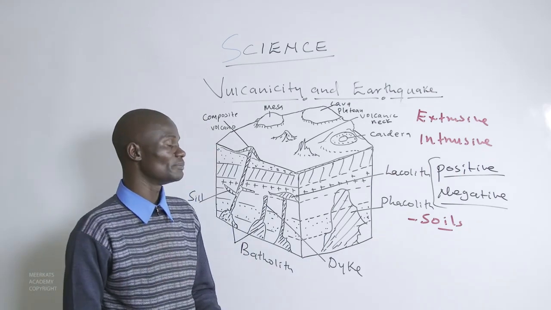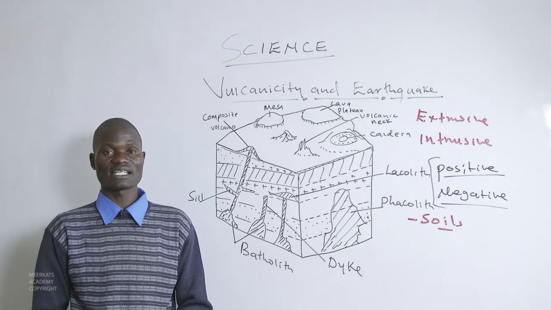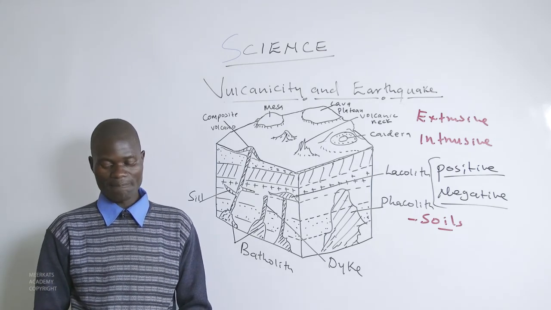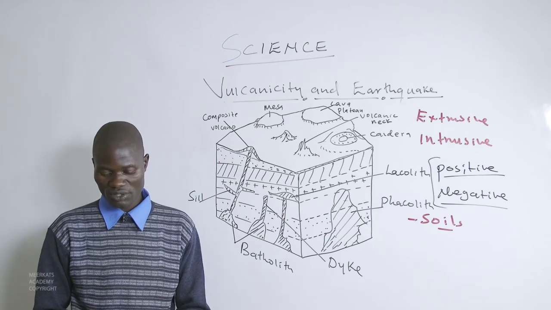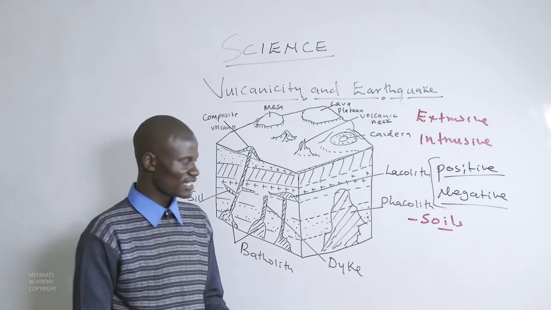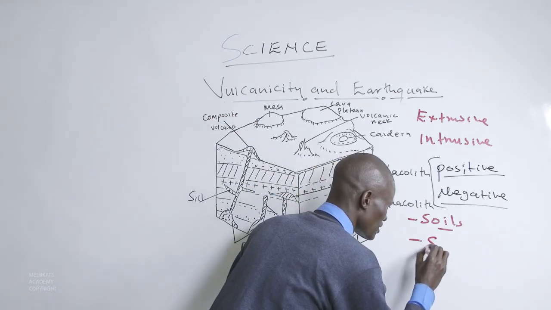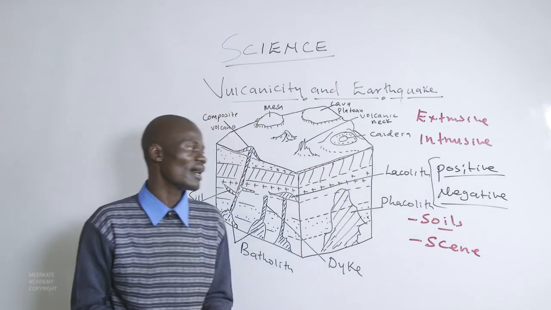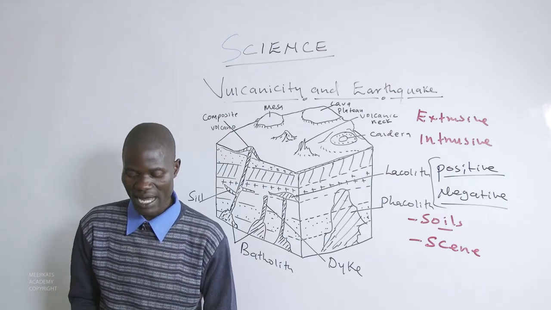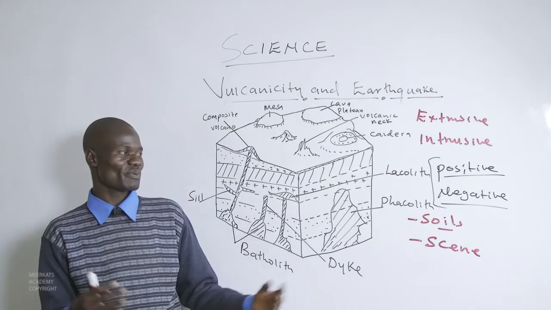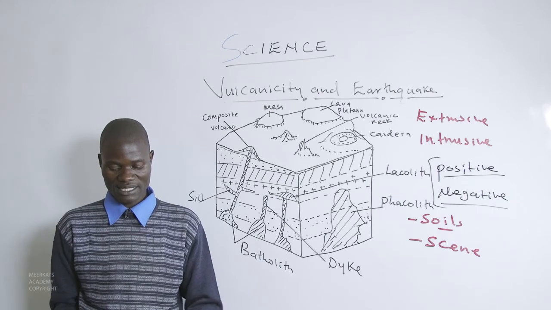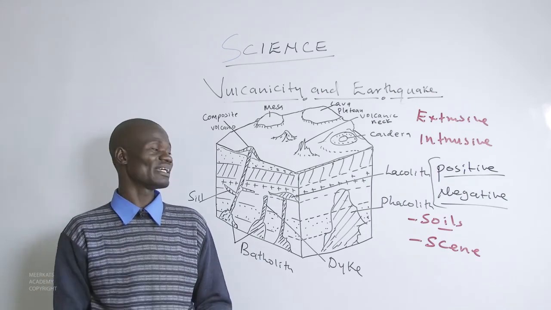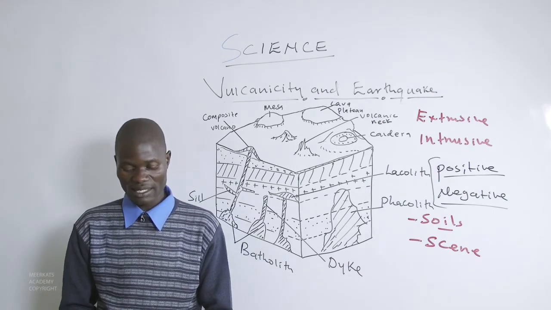At the same time, when you look at various volcanic features, they lead to the formation of beautiful scenery. Their scenes are very beautiful, and they attract people who like nature, and people may come from various countries.